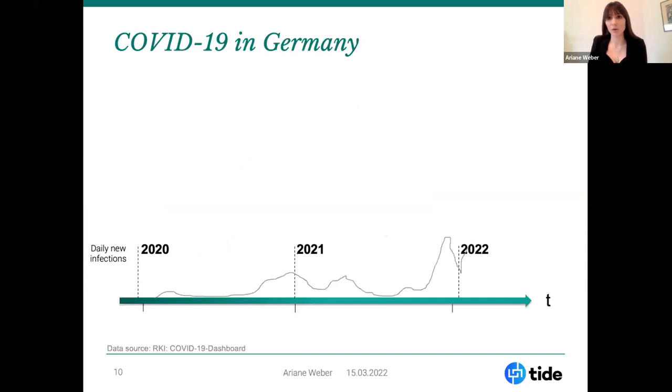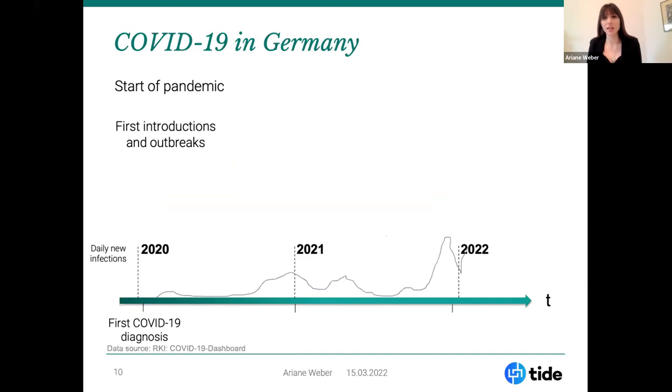As a very broad time and epidemic contextualization of these examples, we can have a look at this very rough sketch of the German COVID-19 timeline. The first diagnosis of COVID-19 in Germany was made at the end of January 2020, and then the following weeks and months showed the first bigger outbreaks due to different introductions into the country.